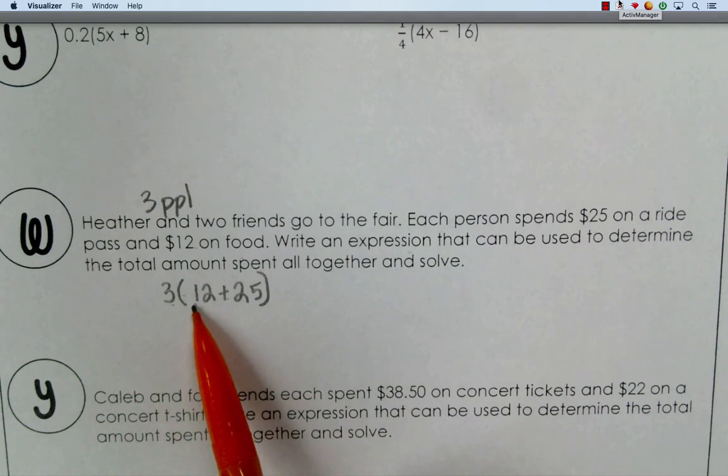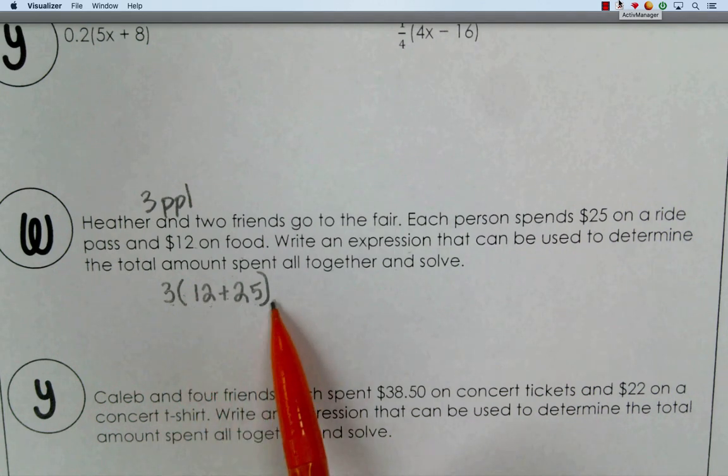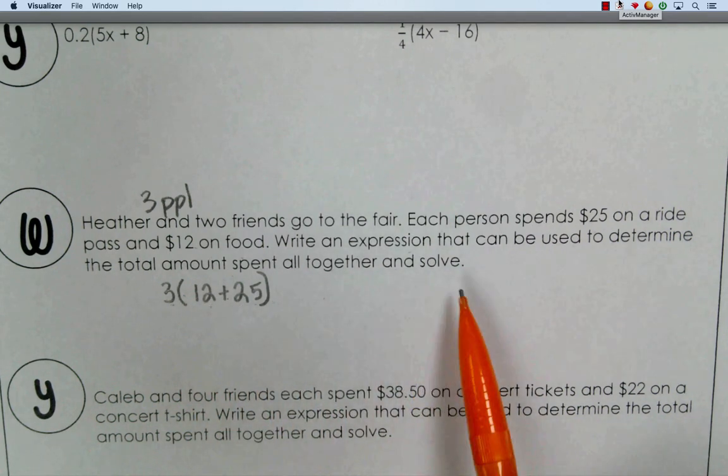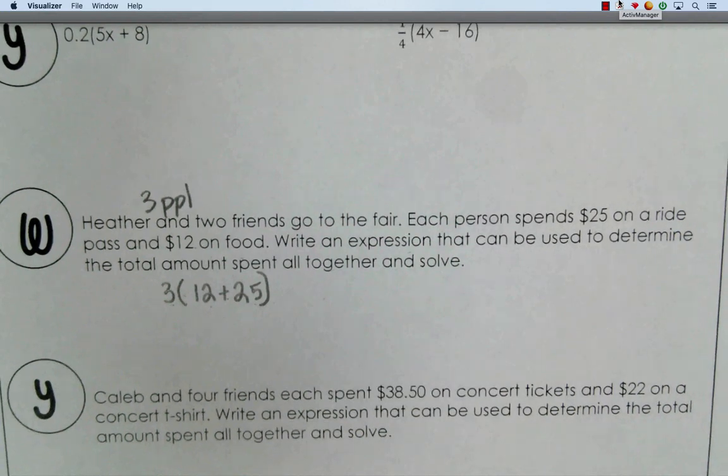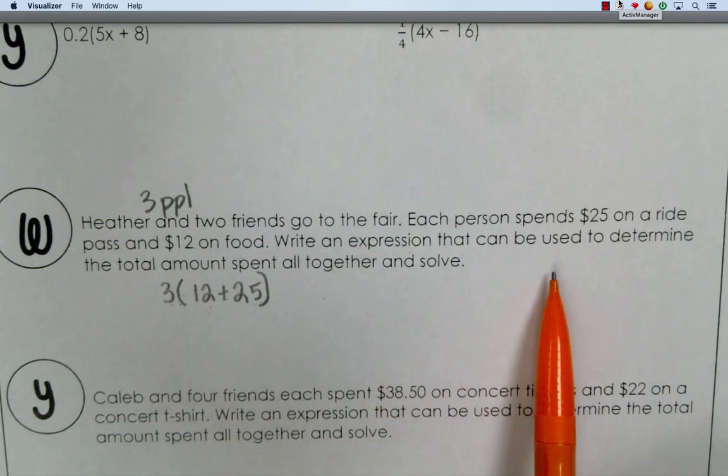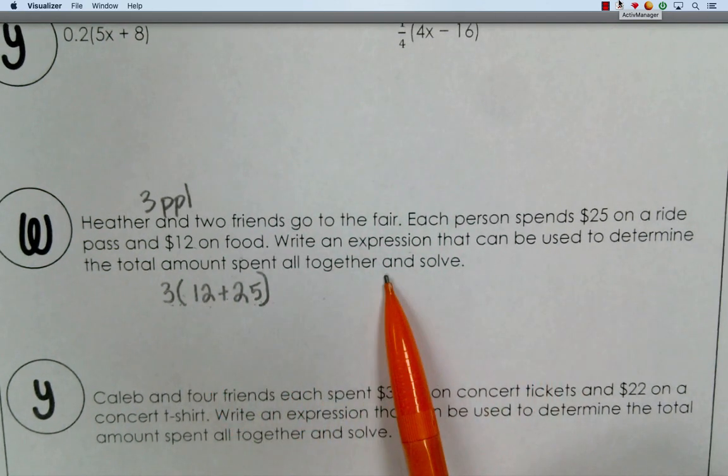So it would be like saying 12 plus 25 plus 12 plus 25 plus 12 plus 25. But we're writing it with a distributive property to demonstrate how we're simplifying it, if you will. Now, it says write an expression that can be used, and that's what we've done, and solve it.